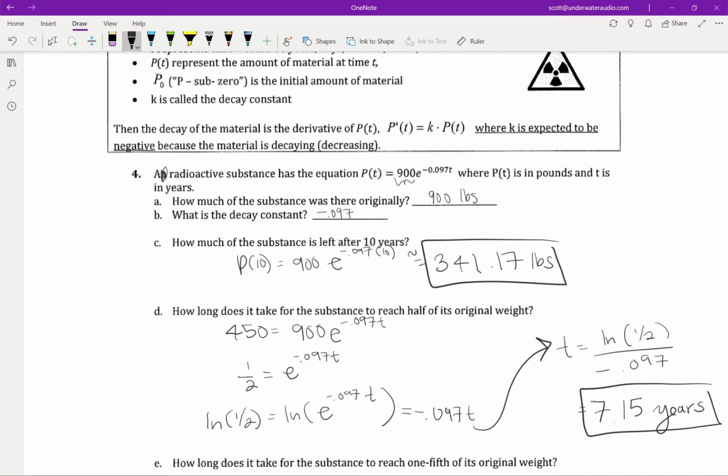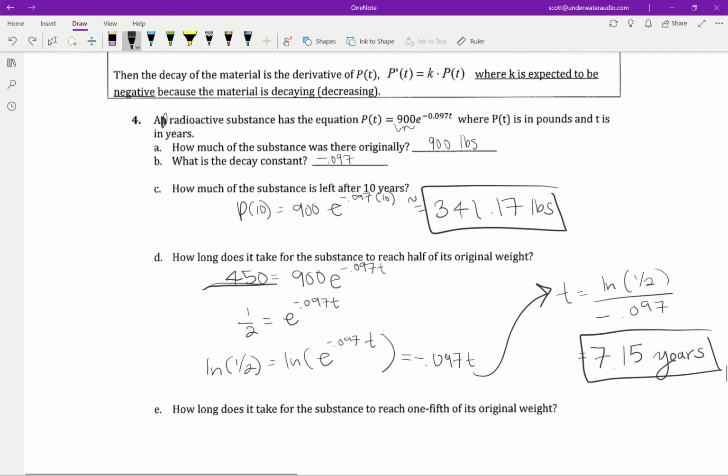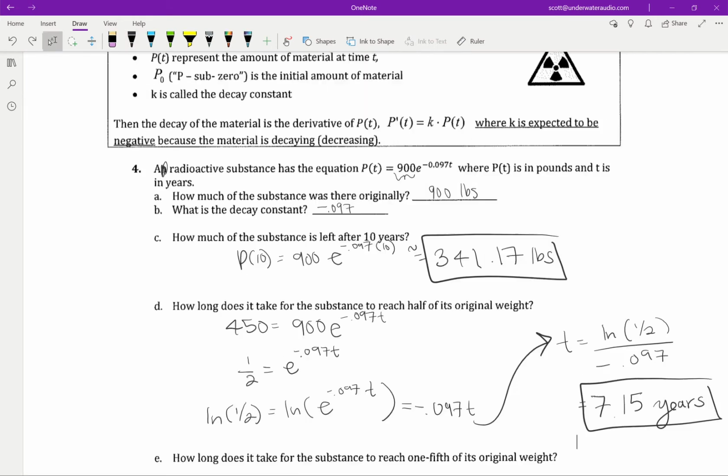Okay, so I like to think about if this makes sense. How long does it take for the substance to reach half of its original weight? So we're saying 7 years later it's at 450, and then 10 years later at 341. So that does make sense, I think. It fits with the stuff we already know. Okay, let's keep going.